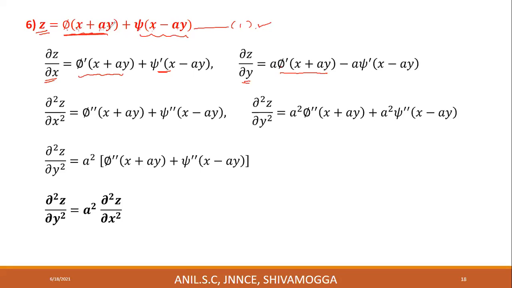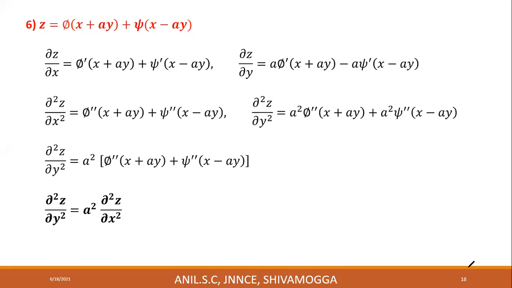Derivative of y is 1. a into 1 is a. It's written a into phi dash of x plus ay. Similarly, the derivative of psi of x minus ay is psi dash of x minus ay into derivative of x minus ay. Derivative of x is 0 and derivative of minus ay is minus a. It's written minus a. These are the two partial derivatives.